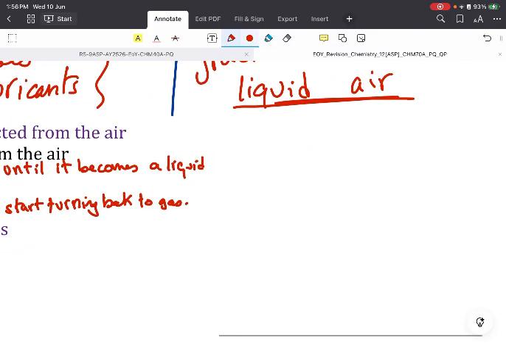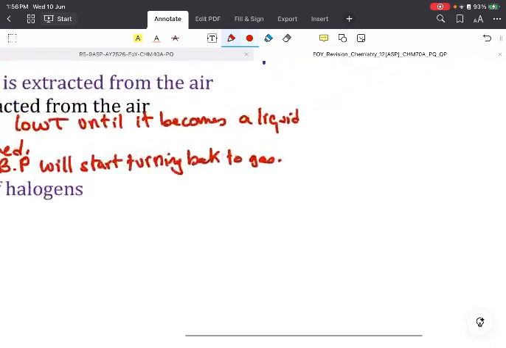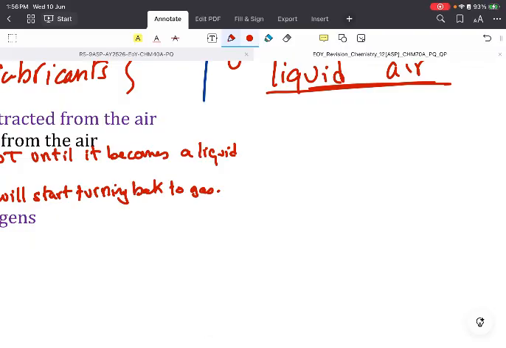Now, the majority of air is composed of nitrogen and oxygen. Other gases make up really less than 5%. Nitrogen is almost 78%, oxygen 21%, and the rest are other gases. When the other substances start turning back to gases, we need to look at nitrogen.